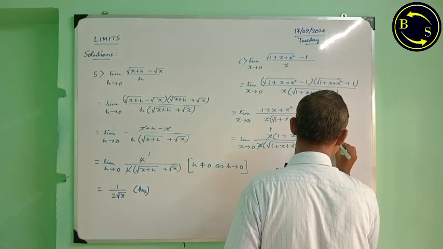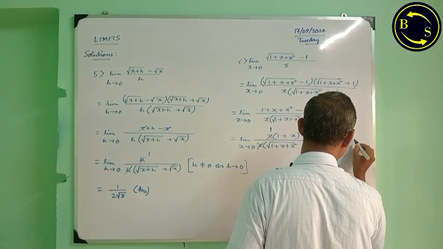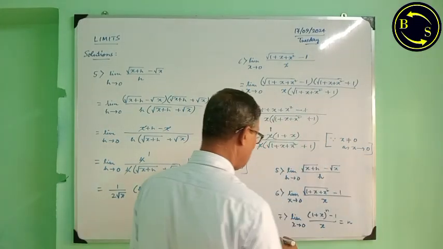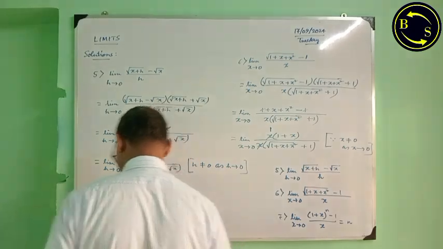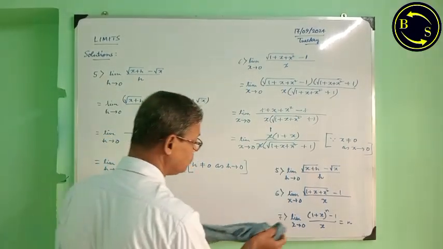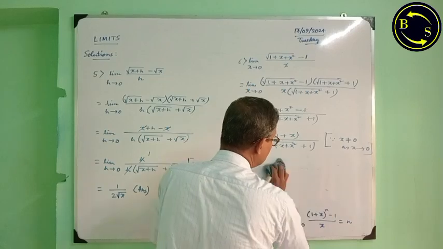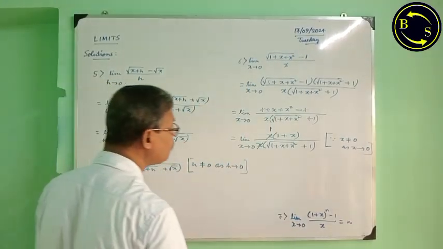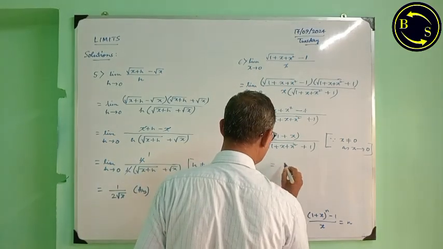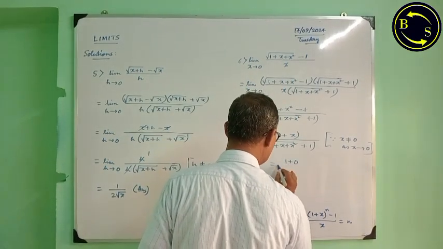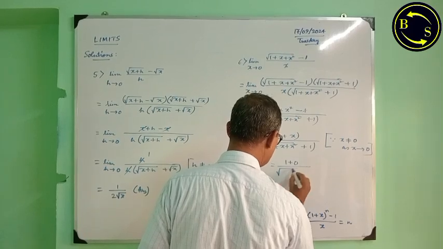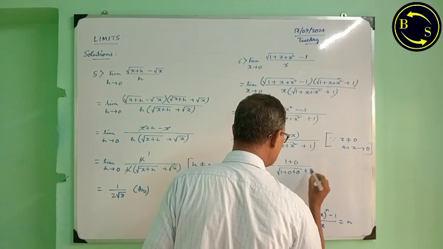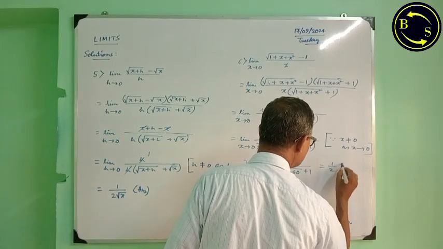Mention on the right side since x not equal to 0 as x tends to 0. Then finally we put the value x equal to 0 here. What we get? Root over 1 plus 0, over root over 1 plus 0 plus 0 plus 1, that is half.